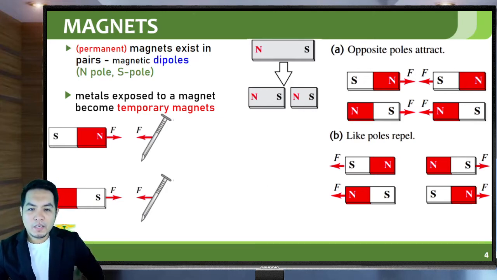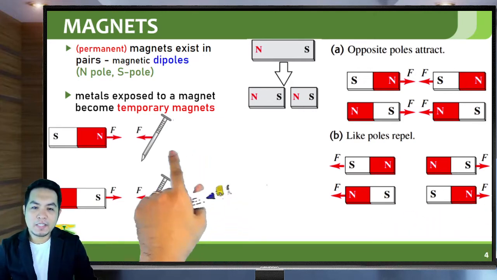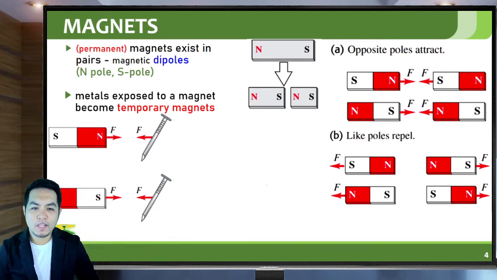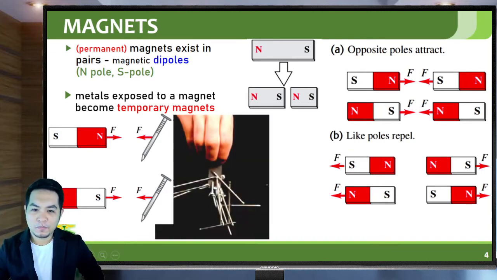It doesn't matter if it's the north pole or the south pole, a metal or a conductor will always be attracted to any pole of a magnet.